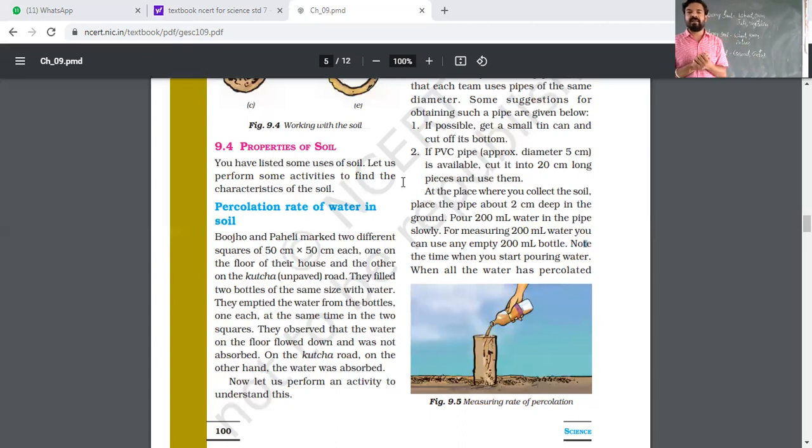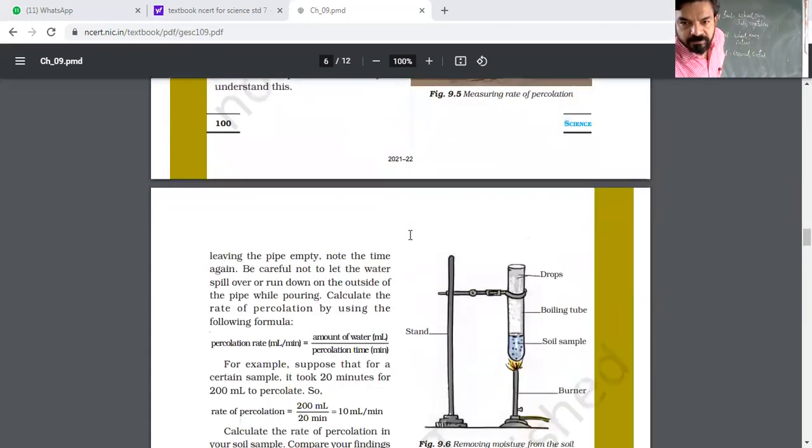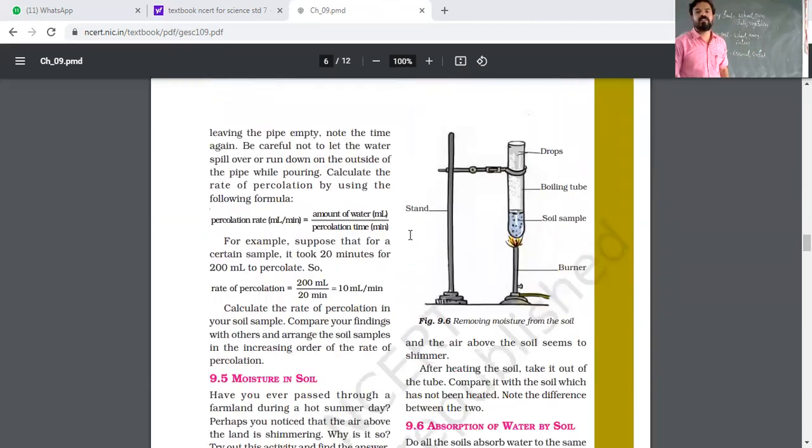Now, here you can see the percolation rate, which is given in ml per minute: the amount of water percolated over time. Amount of water percolated in time, that is the rate of percolation.